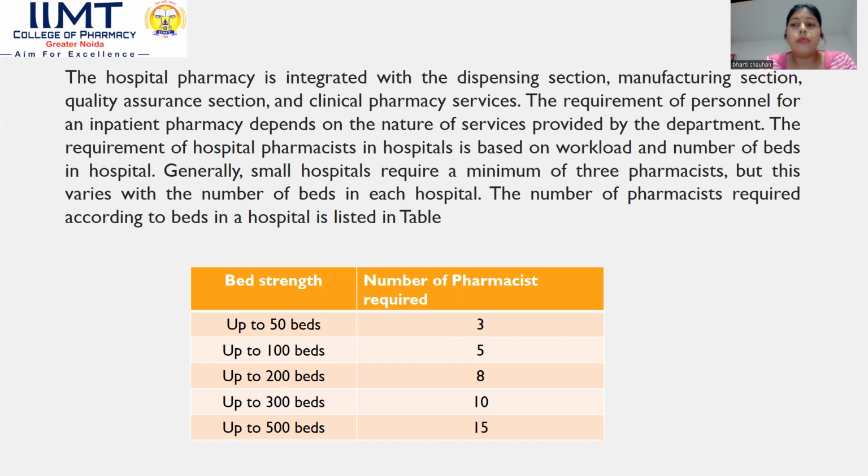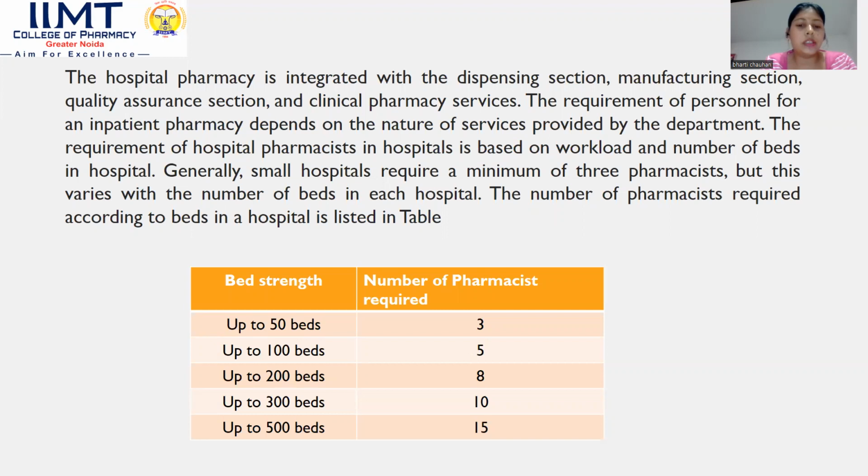The requirement of beds, you can see in this table, is the per bed criteria of the pharmacists present in the surrounding of that bed. So up to 50 beds, you can see the number of pharmacists required is 3.